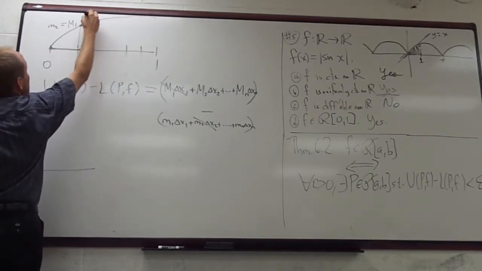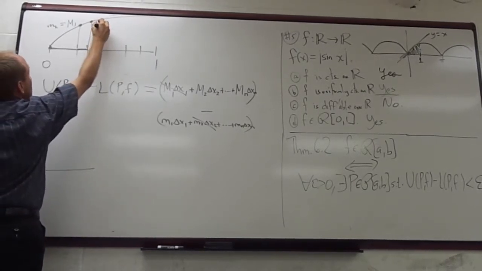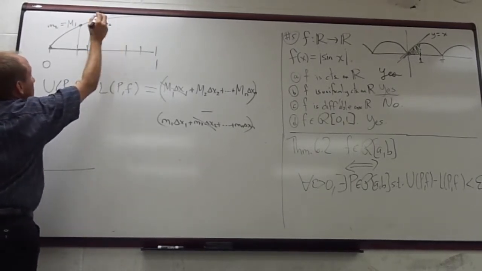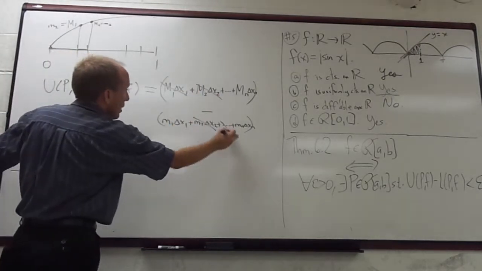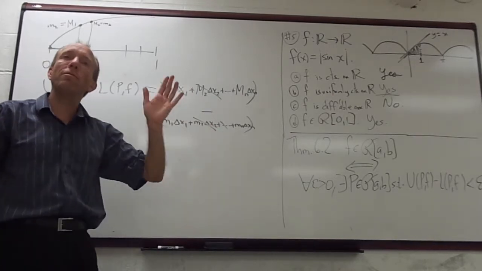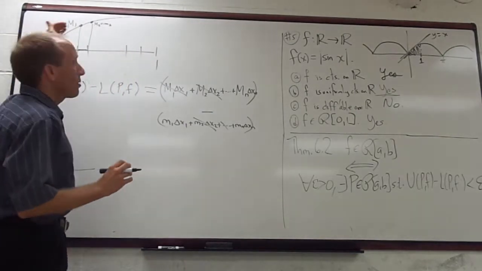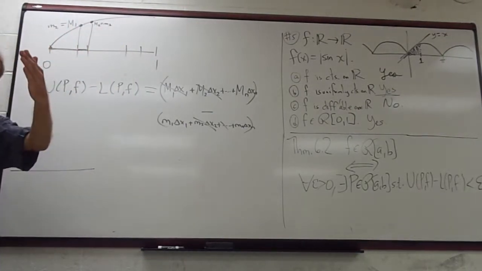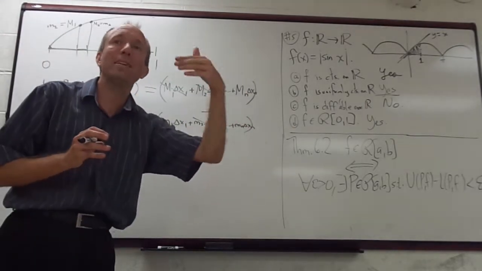Similarly, big M2, which is at the right-hand end of the second subinterval, agrees with little m3. So big M2 agrees with little m3. You see, these things cancel. It's because the function is monotone, right? It's actually monotone increasing, so that the highest value of one subinterval is the same as the smallest value on the next subinterval.